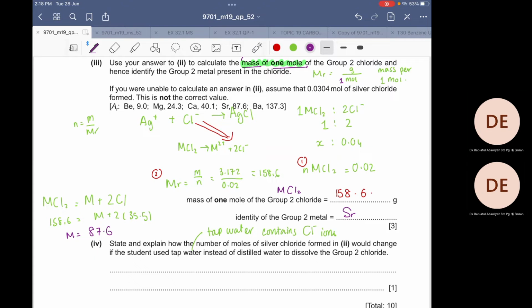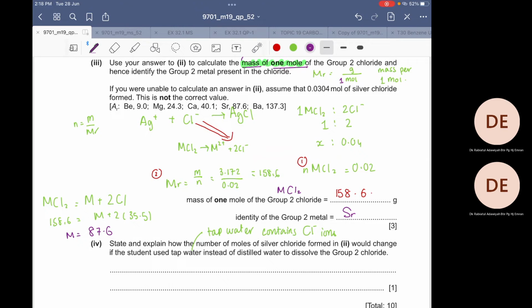Whereas tap water, I'm not sure in Brunei what ions we have in the tap water, but usually they add ions. Okay, fluoride ions being added to supposedly help with bones, I think, if I'm not mistaken. Chloride ions is usually to kill bacteria. Okay, so there are chloride ions in tap water.